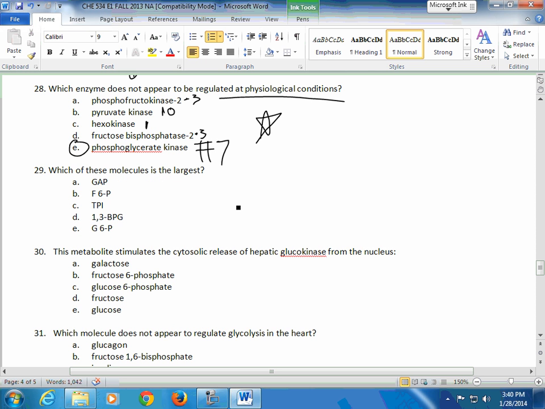Which of these molecules is the largest? Enzymes are going to be larger than all the metabolites. So if it's an enzyme, automatically wins. If it's a metabolite, look to see if it has multiple phosphate groups, preferably 2 phosphate groups, like 1,3-BPG or F16 bisphosphate. Those are going to be the larger of the metabolites.